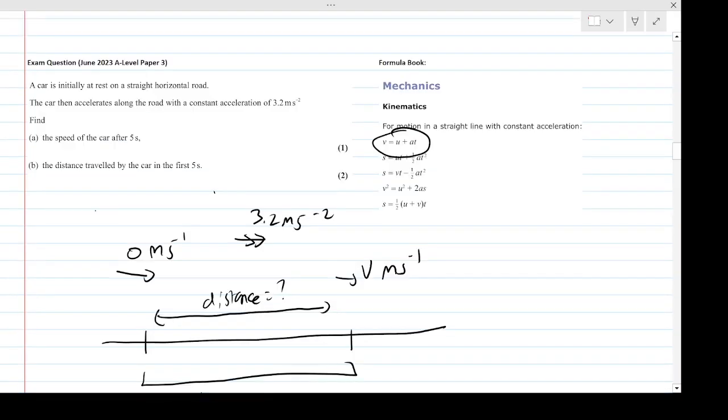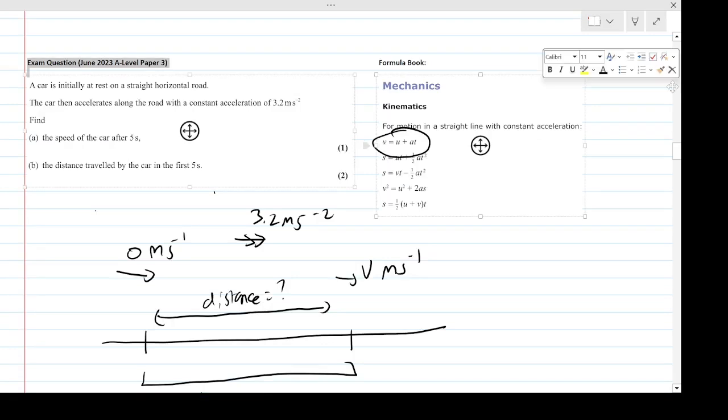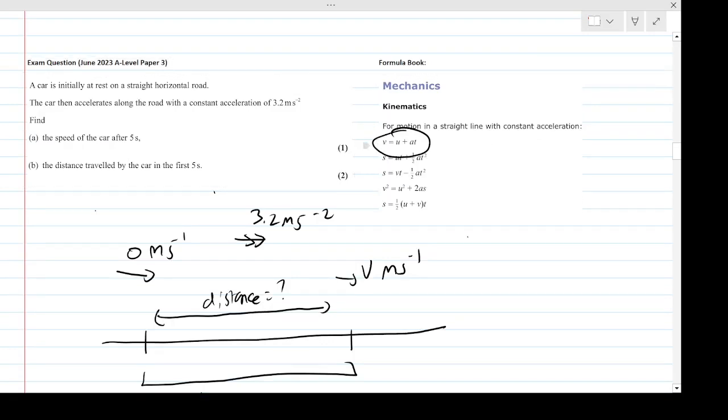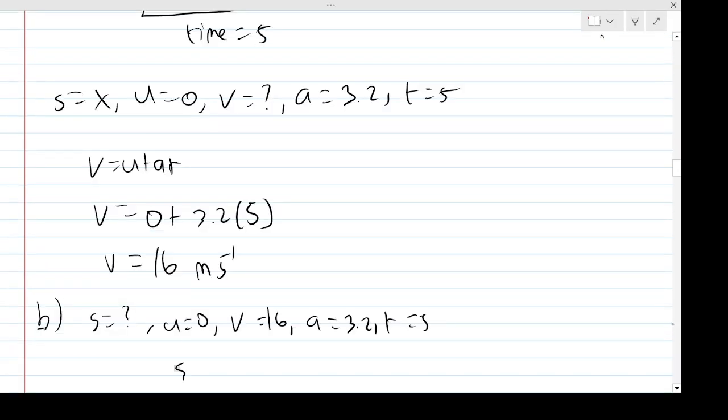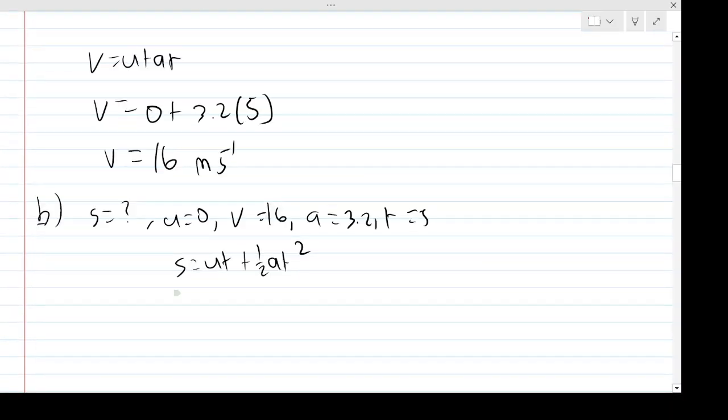You can pick pretty much any formula as long as it has S in. Let's just take this one: S is UT plus a half AT squared. So S is going to be 0 lots of 5, add half, lots of 3.2, lots of 5 squared.